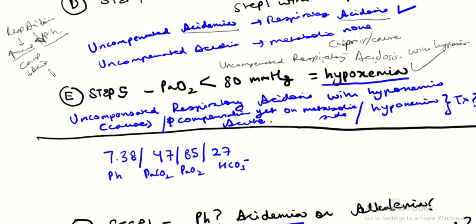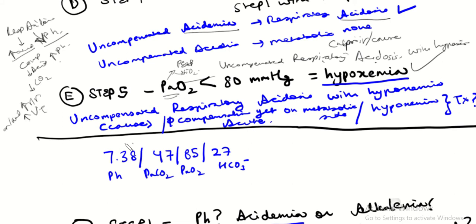So I compensate by decreasing acid and upping the pH. I do that by decreasing the CO2. And I decrease the CO2 by increasing the respiratory rate and the tidal volume. How do I manage the PaO2? PEEP or FiO2. Good? Easy peasy.